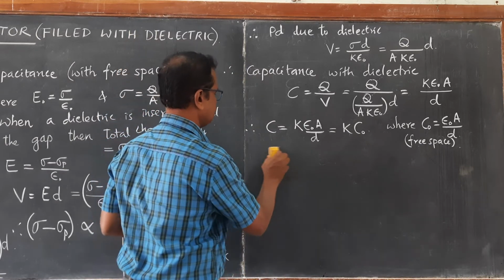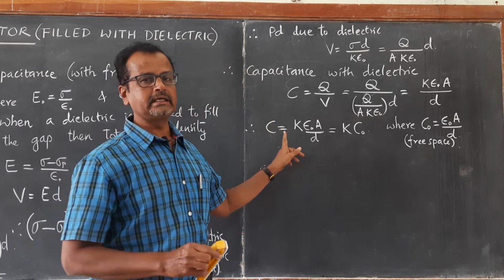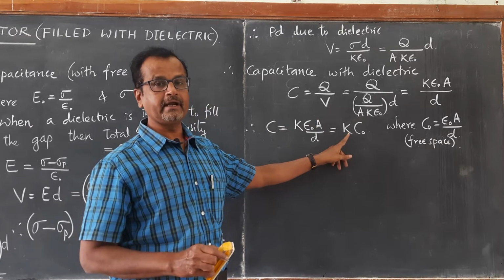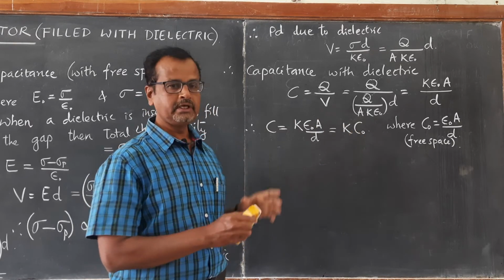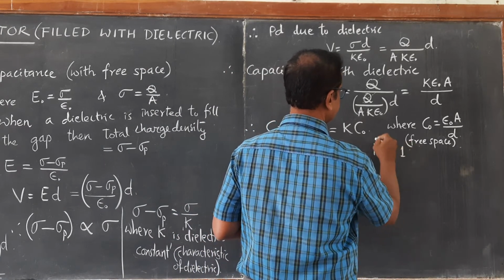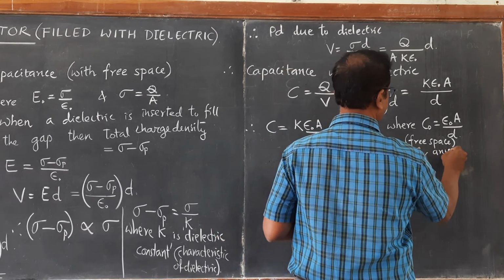This implies the capacitance of the capacitor filled with dielectric gets enhanced by a factor K times C naught. Here K is always greater than 1 for any dielectric.